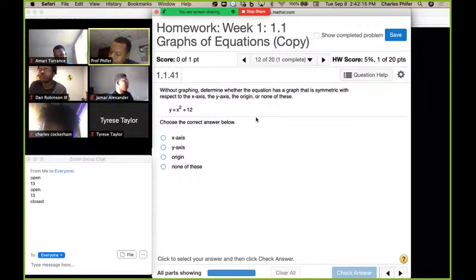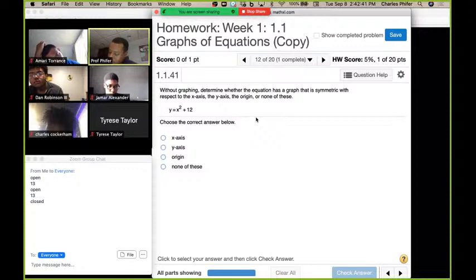So we're gonna do this is homework. We're gonna say exam one study session. This comes from week one, section 1.1, graphs of equations.